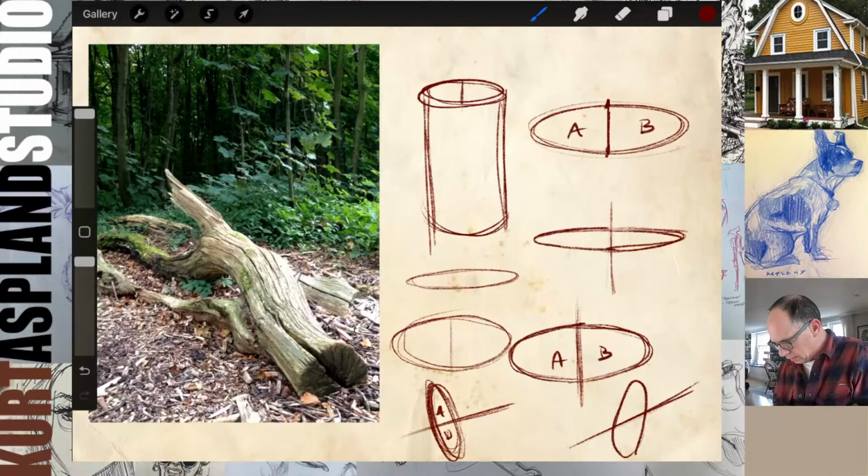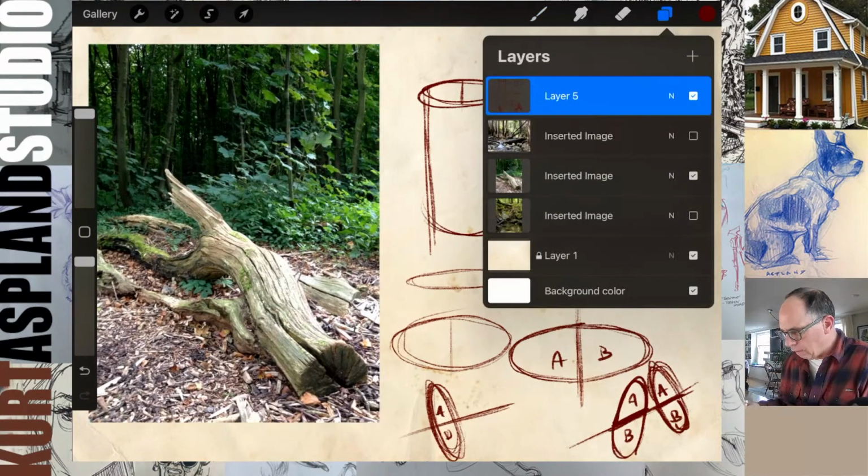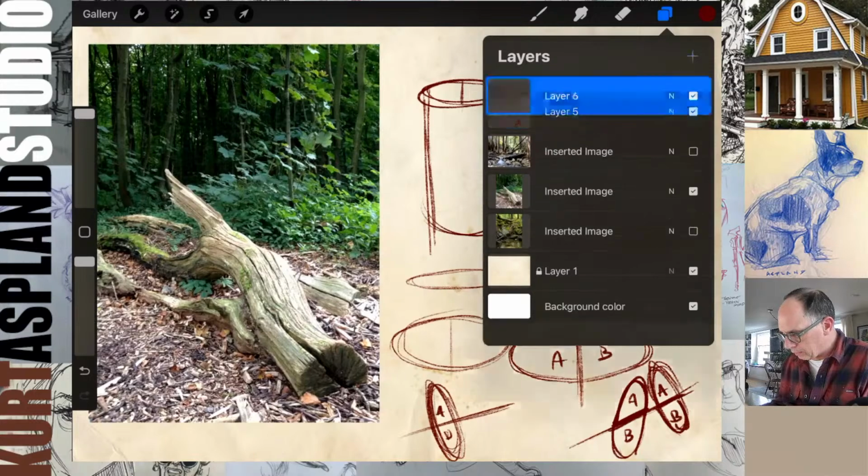You see, this is not reflective. A is not reflective of B. They're at a different angle. The correct way to draw this along this minor axis would be like this. A now is reflective of B. So let's keep that idea in mind when we draw fallen logs.